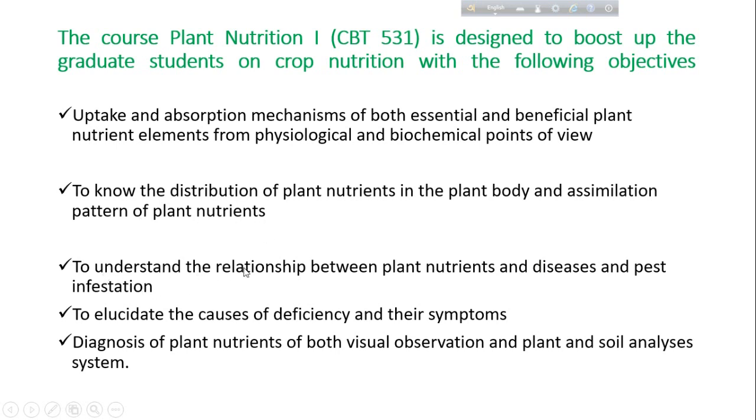To understand the relationship between plant nutrients and disease and pest infestation, to elucidate the cause of deficiency and their symptoms, diagnosis of plant nutrients by both visual observation and plant and soil analysis system.